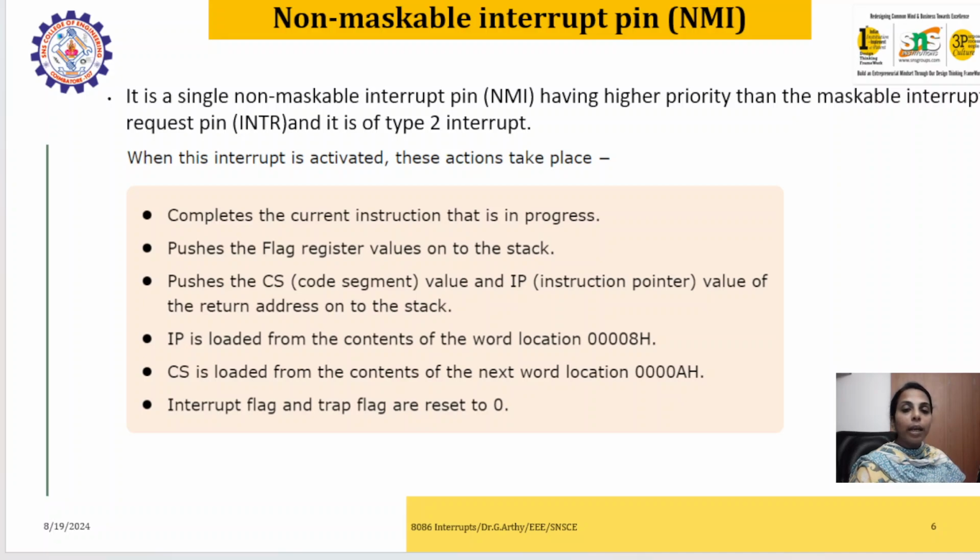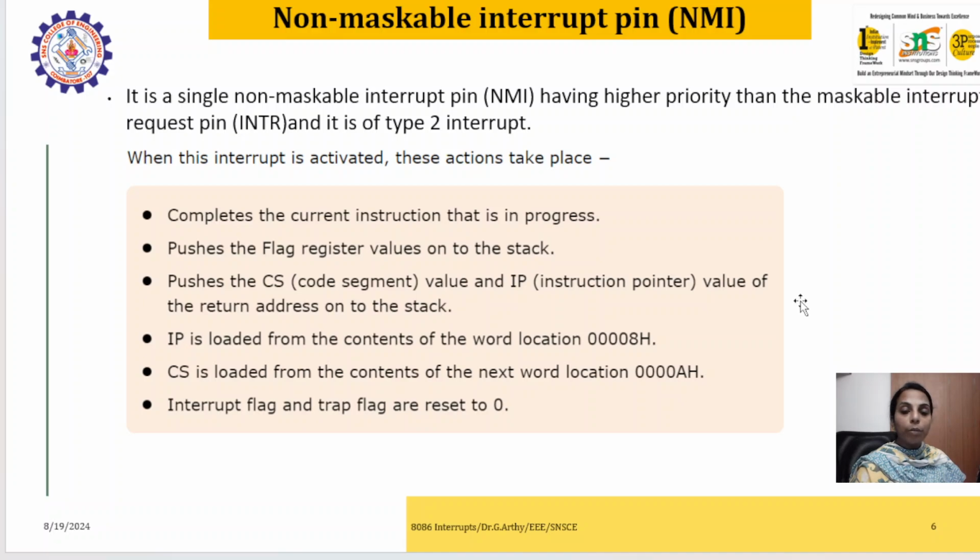Whenever an NMI, that is, a non-maskable interrupt, occurs, the following actions take place. It completes the current instruction that is in progress, pushes the flag register values onto the stack, then pushes the code segment value and instruction pointer value of the return address onto the stack.